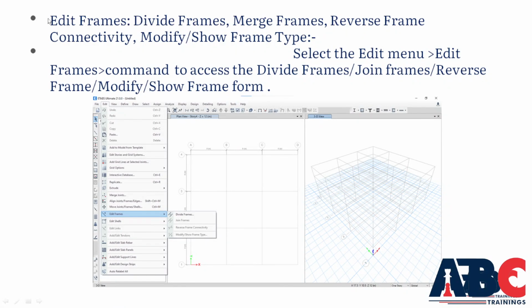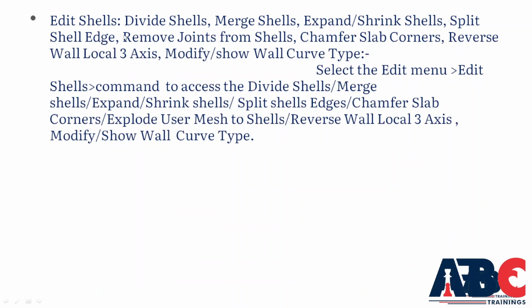The next is edit frame. Similarly, you edit your frame for any purpose. For example, sometimes there is a change in the architectural plan, then you need to edit your model, and you can use edit frame. Next is edit shell.